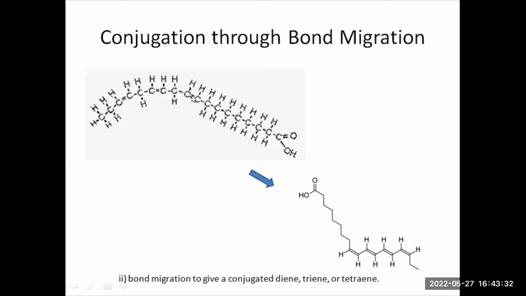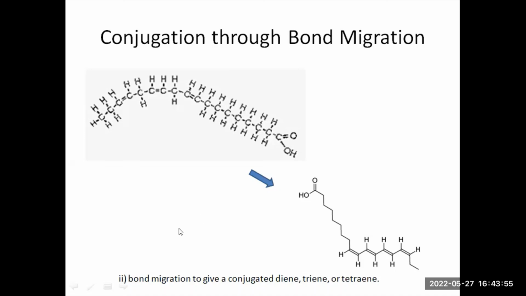Irrespective of where they are on this hydrocarbon chain, they will eventually, under enough time, because it's the lowest energy in the Gibbs free energy state, arrive at this conjugated form, where we have double covalent bonds separated by single covalent bonds.